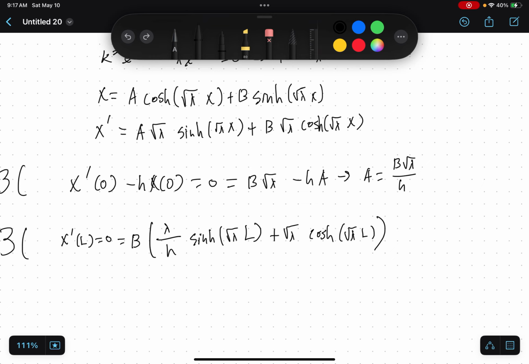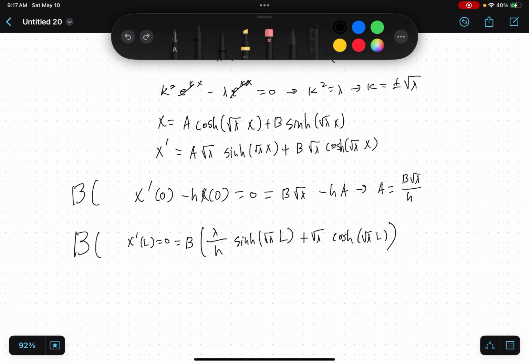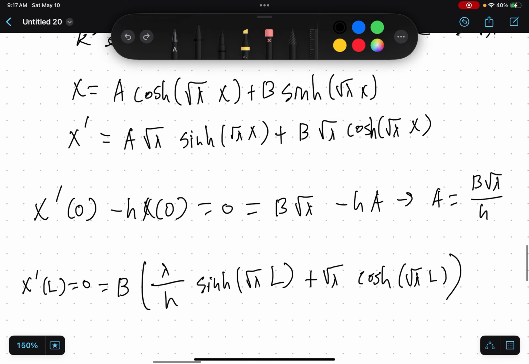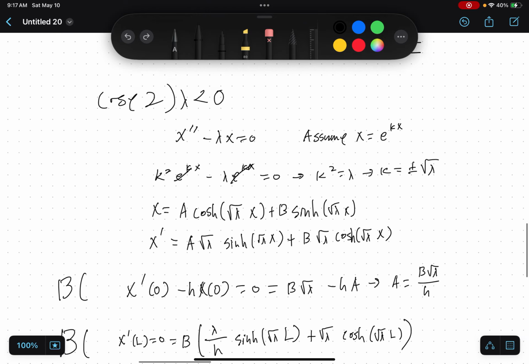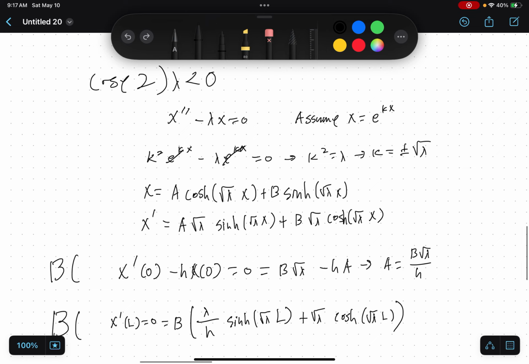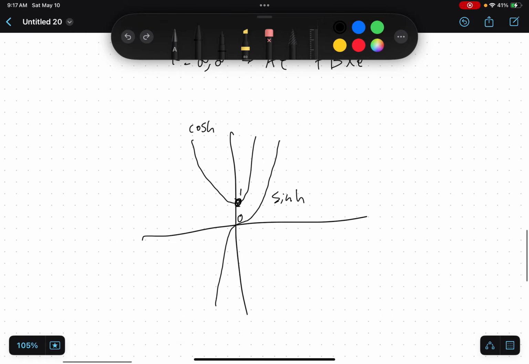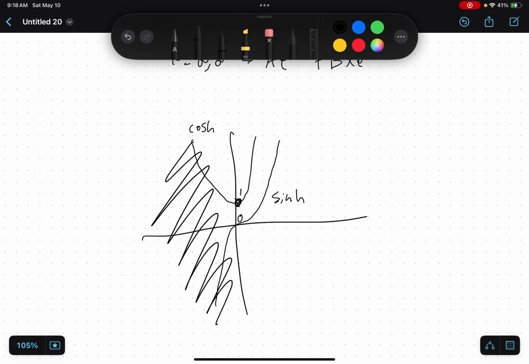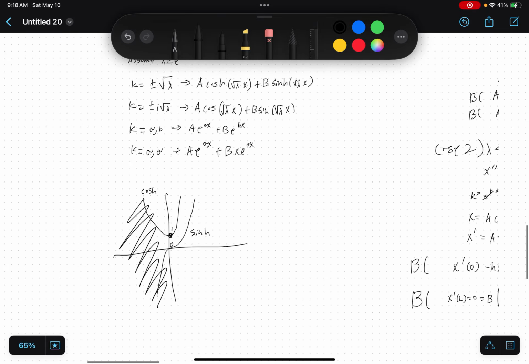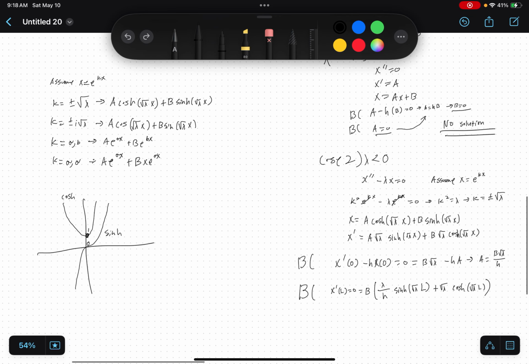And the reason for that is because, let's see why. Lambda's negative, L is positive, so inside's going to be a negative number, so we're going to be operating over here somewhere, I think. So on the left side.